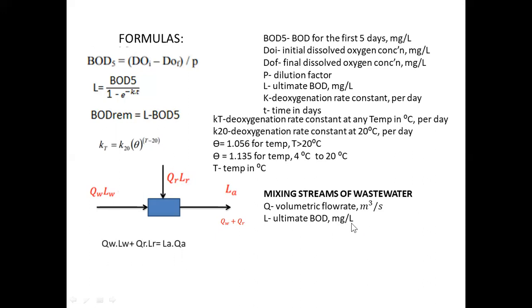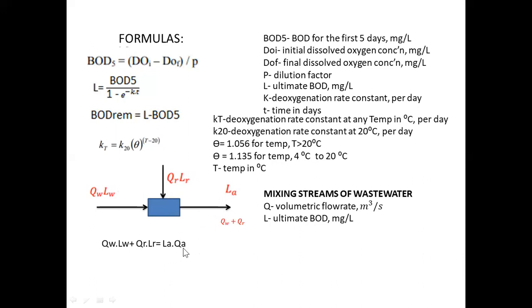All right. Now let's solve for LA. This is the algebraic material balance for the whole mixing of streams: QW times LW, where LW here is the ultimate BOD of the W stream, plus the volumetric flow rate in cubic meters per second for the R stream multiplied with the ultimate BOD LR in milligrams per liter, giving us LA times QA.